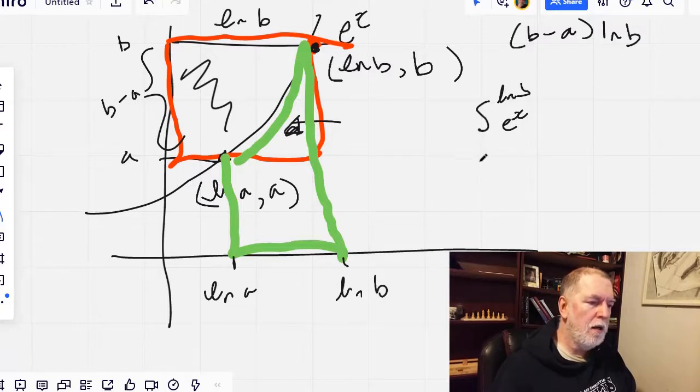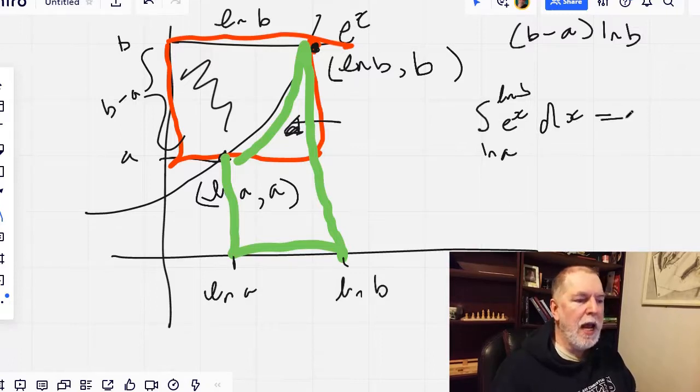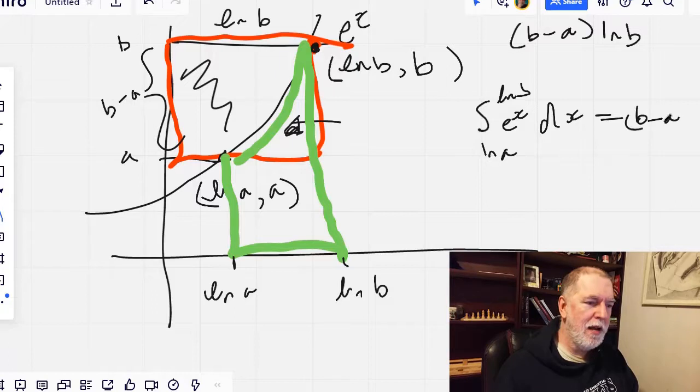Log of b up here, log of a down here, dx. And I'll leave it to you to verify this amount, but that just works out to b minus a, which we've seen before, haven't we? So this is going to be so cool.